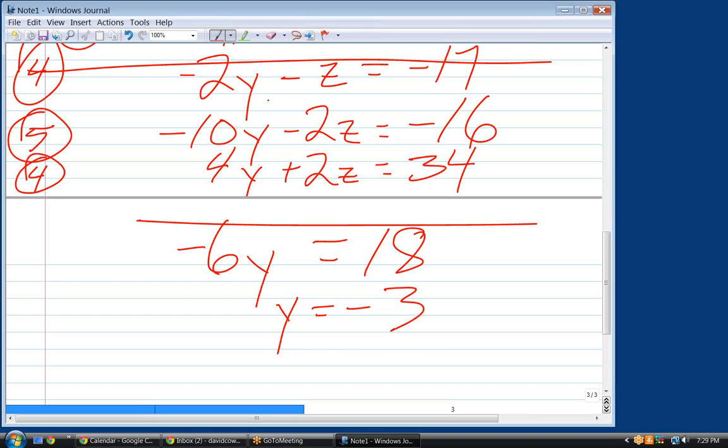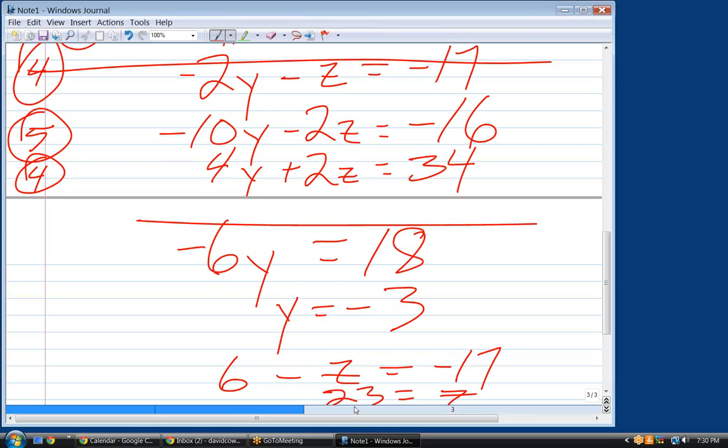Any of these 3 equations that I'm looking at will allow me to solve for z. So I would just do the first equation. Yeah, the simple one, right here. So I'll plug in minus 3 for y. So that's 6 minus z equals minus 17. Move the z on the other side, the 17 on this side, and you get z equals 23.